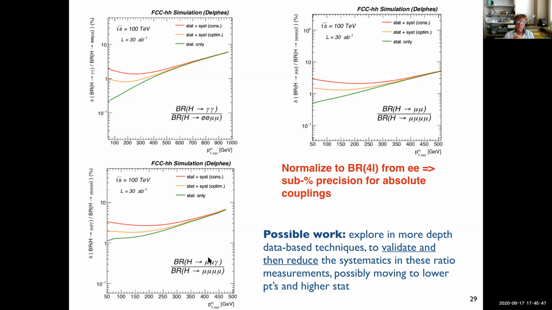In order to go down to 1%, if you have a branching ratio of 10 to the minus 3 or 10 to the minus 4, you need hundreds of millions of events, and that's what the Hadron Collider will do.